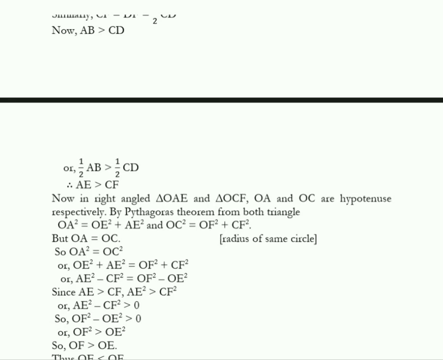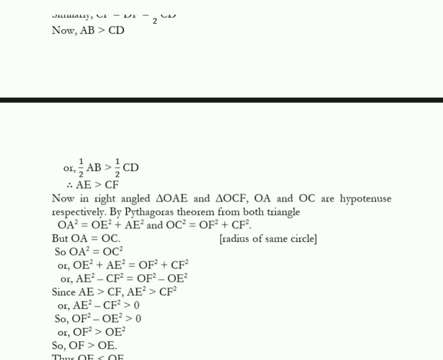Since OE and OF are perpendicular to AB and CD, triangle OAE is a right angle triangle, and also triangle OCF is a right angle triangle, and OA and OC are the hypotenuse in both triangles. Now from the Pythagoras theorem, from triangle OAE, OA square equals AE square plus OE square, and from triangle OCF, OC square equals OF square plus CF square.